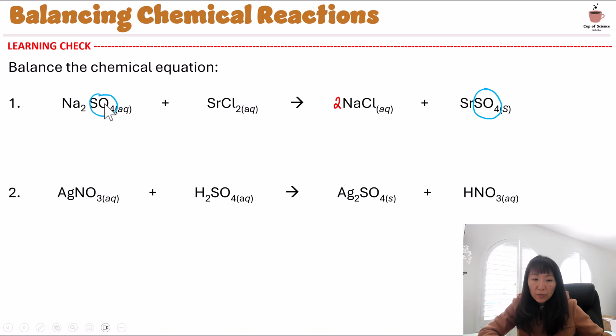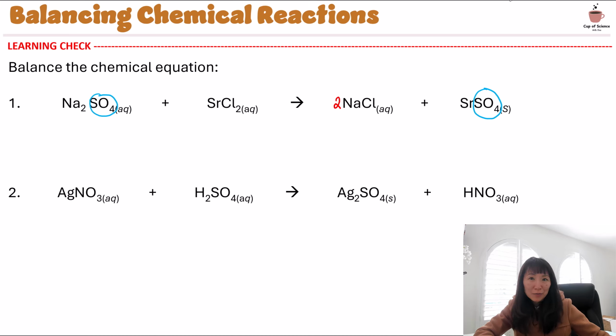Strontium and sulfate, here is SO4. Here's another SO4. In the entirety, there's only one of them, right? There's only one sulfate on the right and one sulfate on the left. What about strontium? There's only one and one. So basically, I only needed to put the 2. That's the only one that needed to change in order for this entire chemical equation to balance.